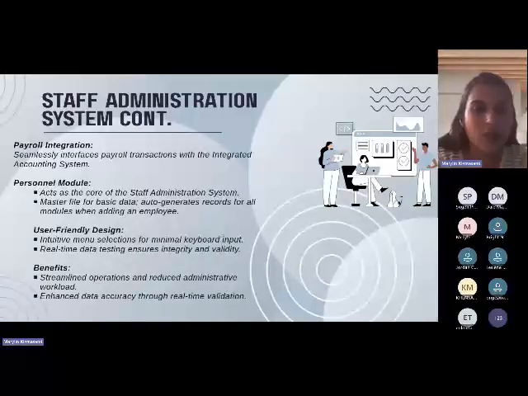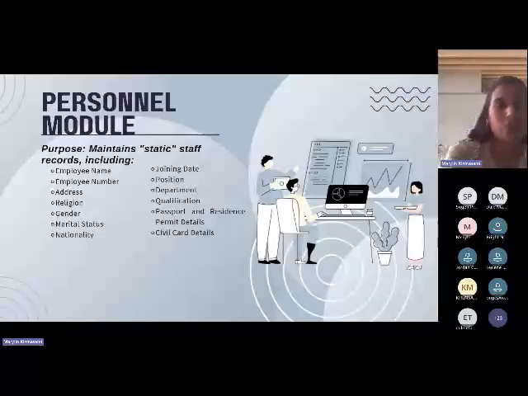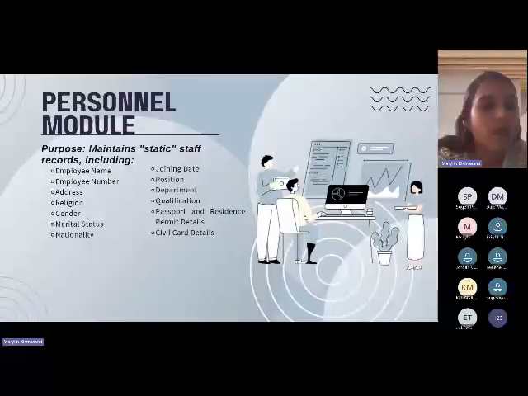Going through the same information regarding staff administrative systems. So again, talking about payroll, personnel information, user-friendly design, and benefits. When we look at the personnel module, this is now specific to staff-related information, so specific to your employees. The purpose of it is to maintain static staff records.